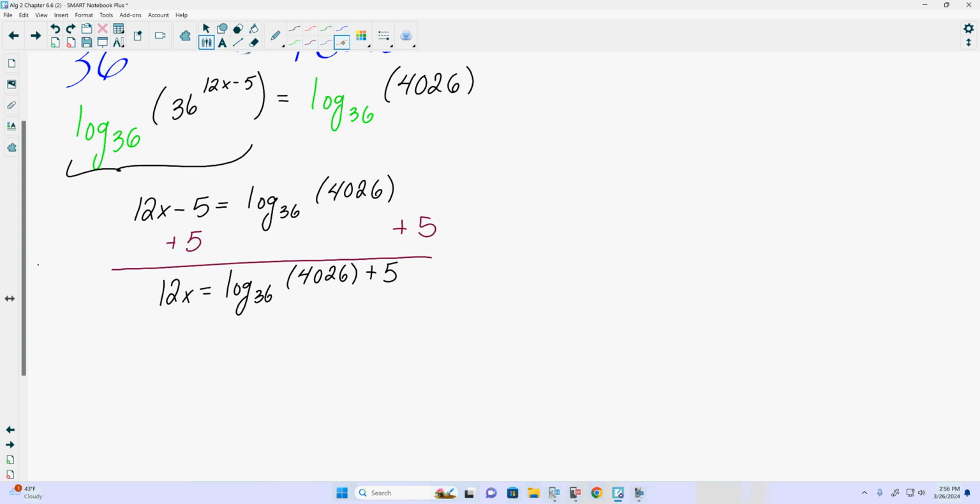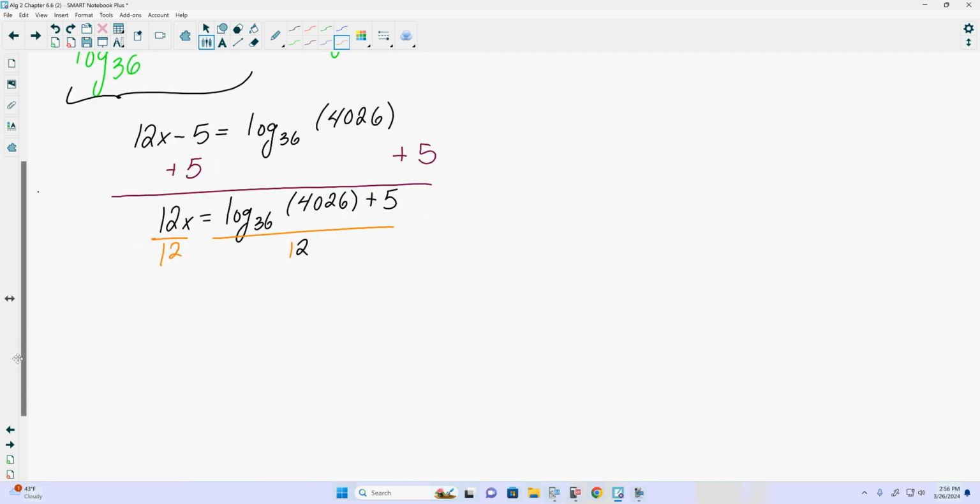And then lastly, we would divide both sides by 12, telling us that we have x is equal to log base 36 of 4026 plus 5 over 12.